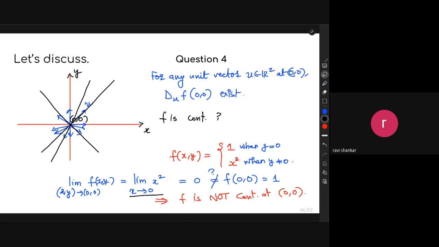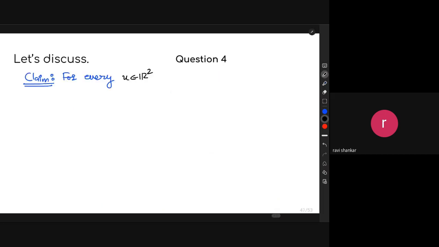We have used here the limit of x square as x tends to 0. What will this limit be? This limit will be equal to 0. Here I used the definition of f(x,y), which is equal to x square.